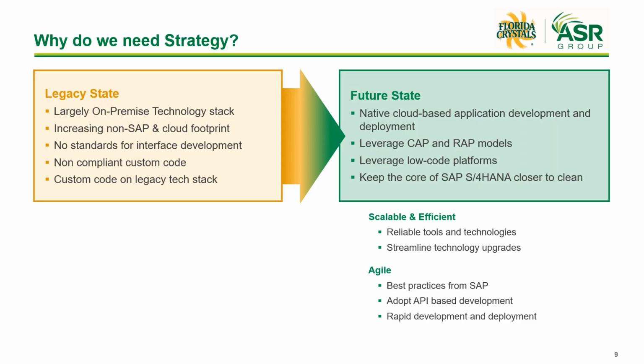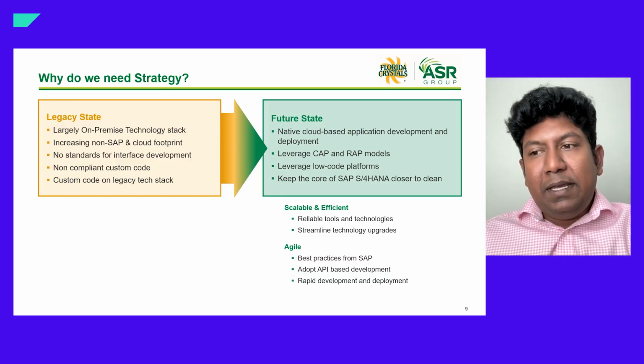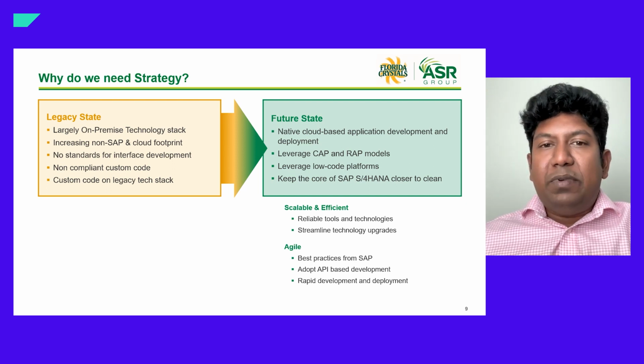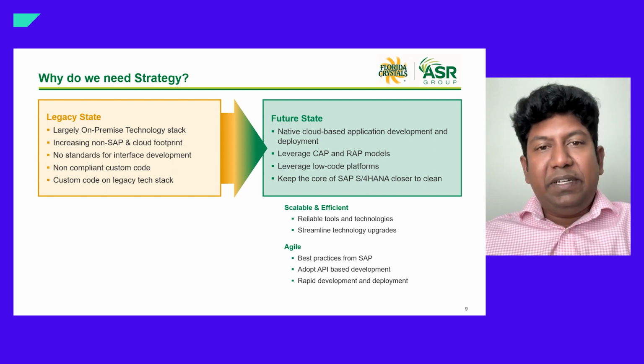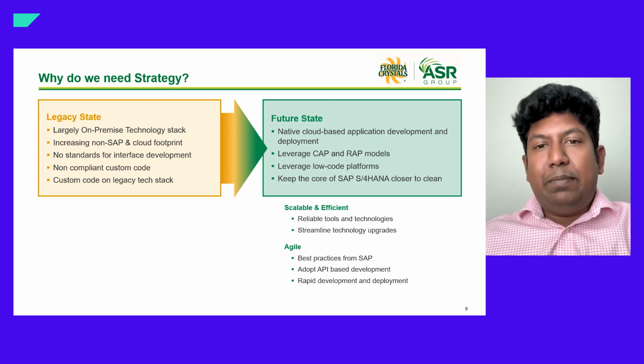We are largely on an on-premise technology stack, with not a lot of standards when it comes to interface development, and non-compliance around custom code and a proper custom code strategy. From an IT standpoint, or for any other function within the company, how do I make it more effective and efficient? So: native cloud-based application development and deployment, leveraging SAP's frameworks, which are the CAP and RAP models.